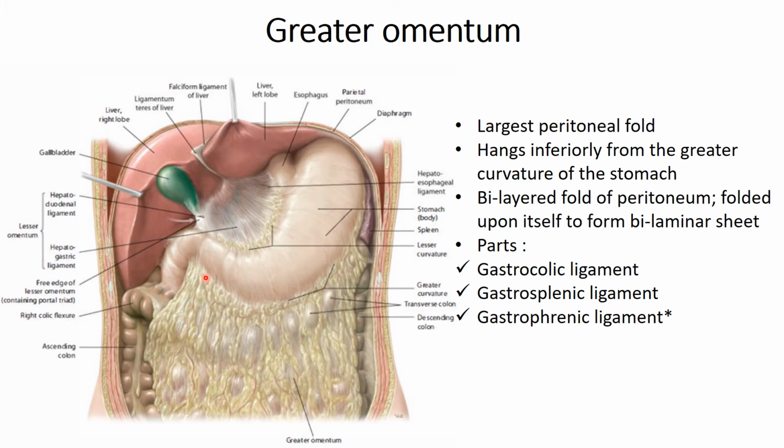Now it is divisible into three parts. The part joining the greater curvature of the stomach and the first part of the duodenum inferiorly connects to the transverse colon, adherent to a portion of the transverse colon.